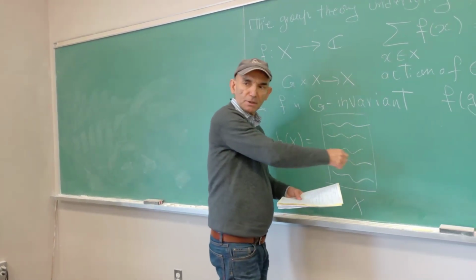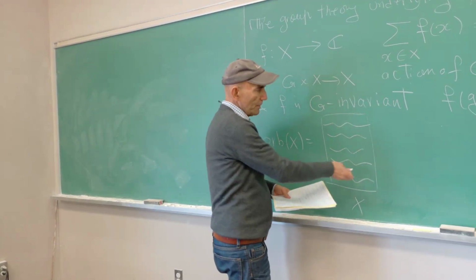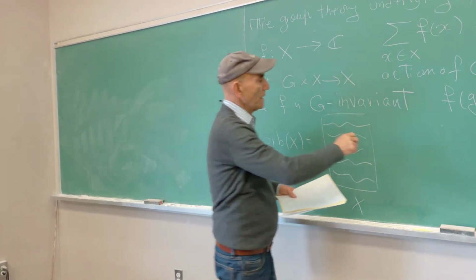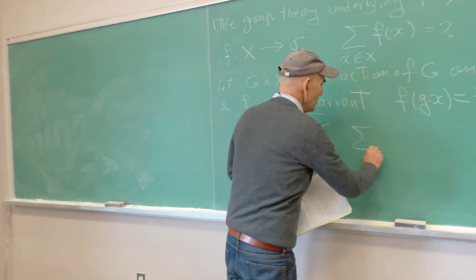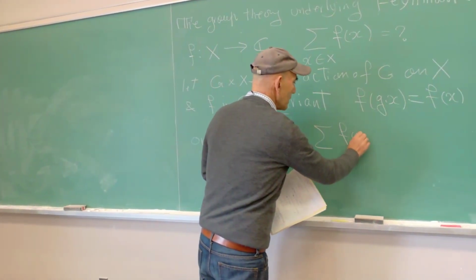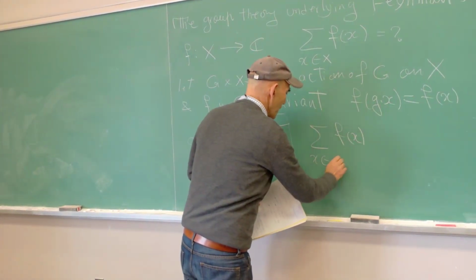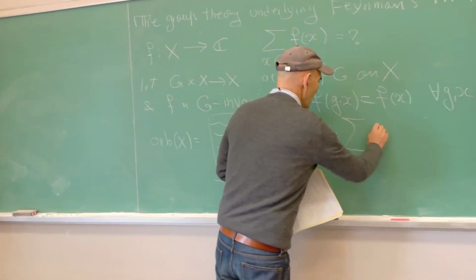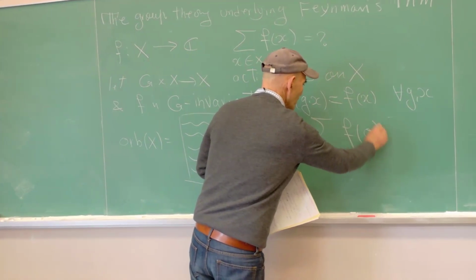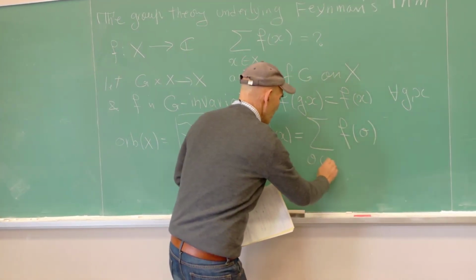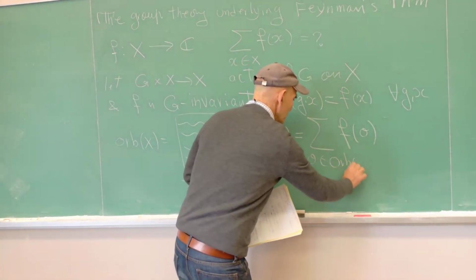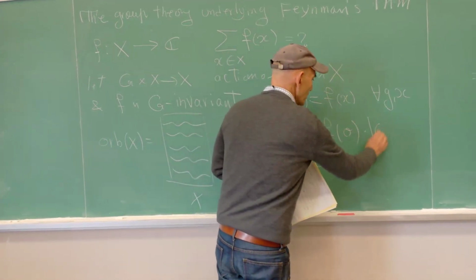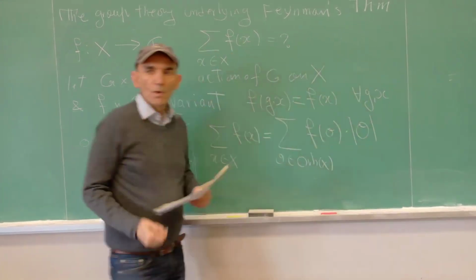And so this sum, the sum of f(x) for x belonging to X, is actually equal to the sum of f(O) over orbits O belonging to orbits of X. However, you have to multiply by the size of that orbit, right?